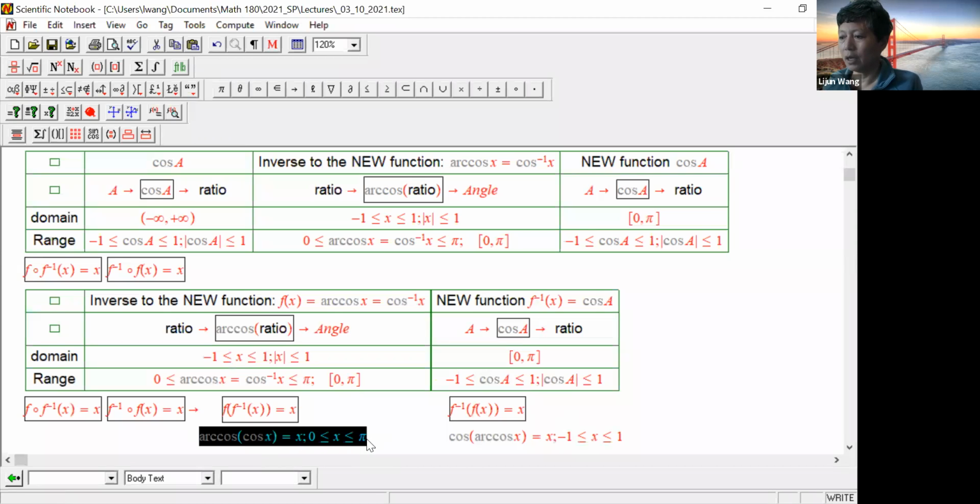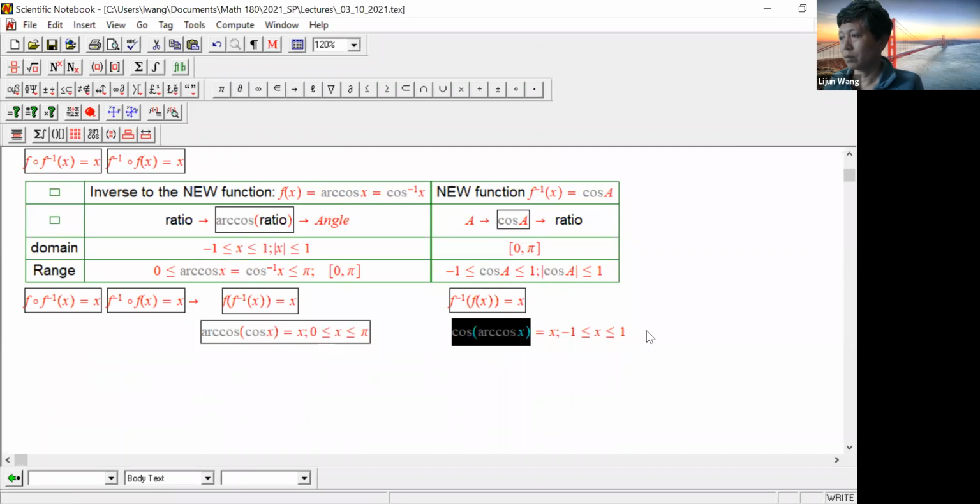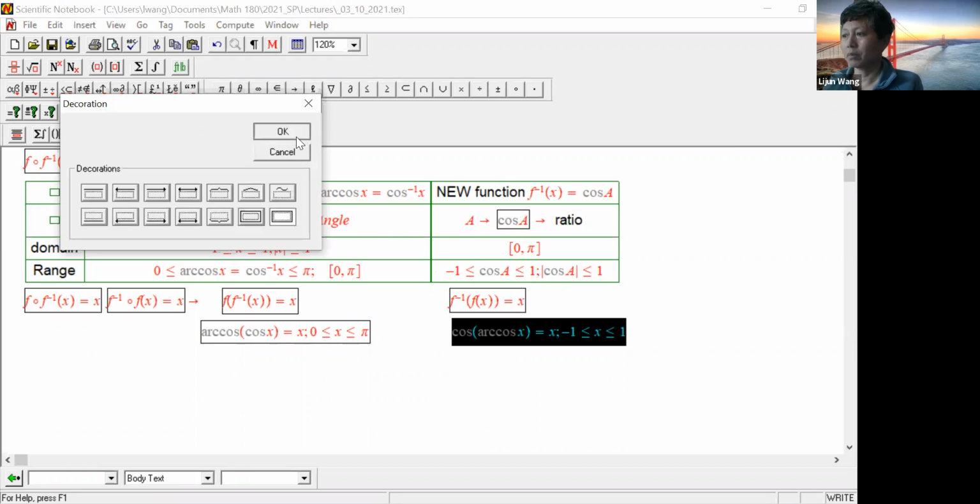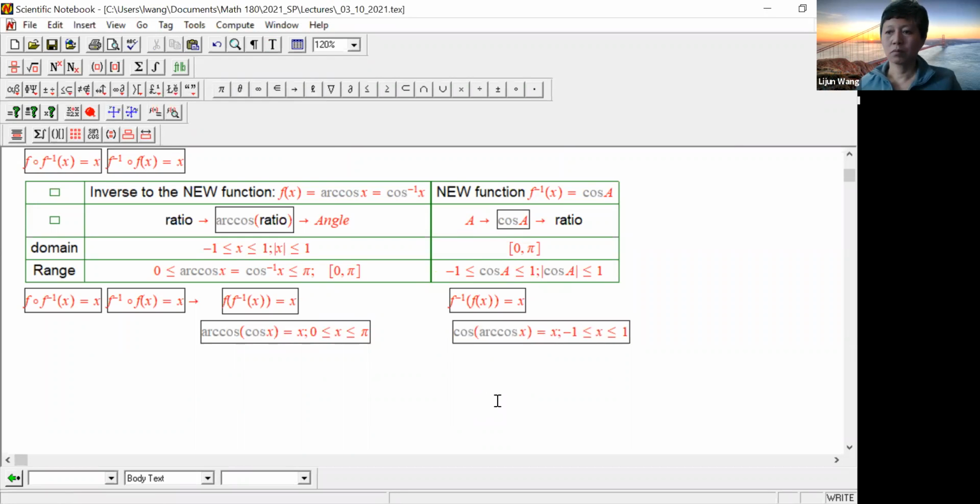So these are the other two properties on the second row. You guys follow me? Okay, trig 7a, second row.